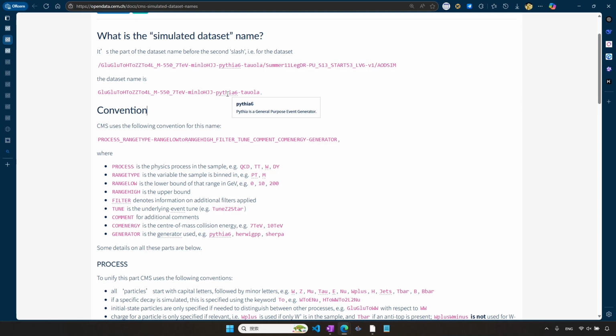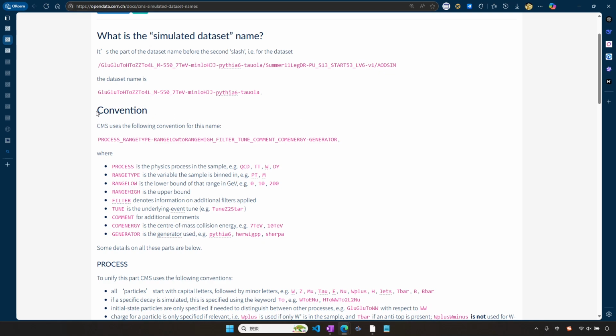It's a general purpose event generator. It's a very common Monte Carlo generator in particle physics. And the other parts may be specific for the LHC experiments.